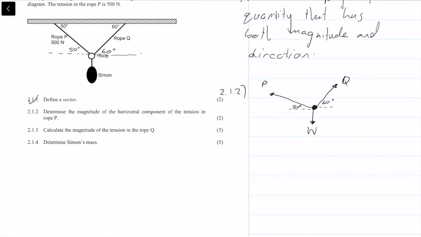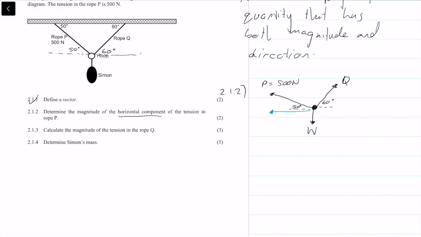We want the horizontal component of the tension. The horizontal component of P would be that component right there. The force P was given to us as 500 newtons.